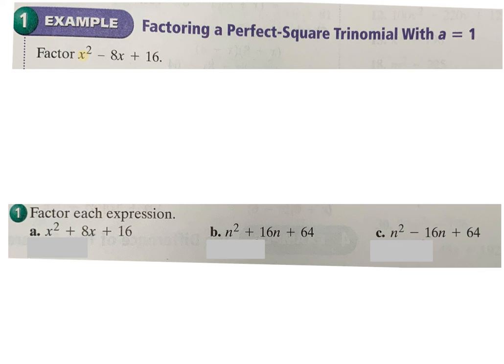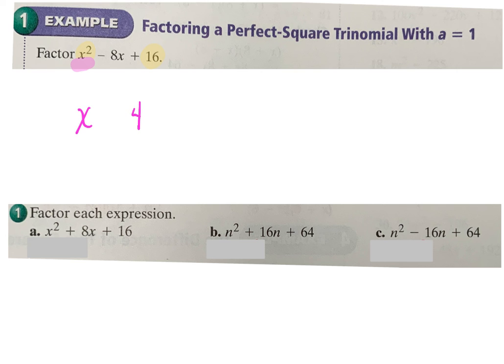And so x squared, you're going to say, does that have a perfect square root? Yes, any variable to an even number has a perfect square root. The square root of x squared is just x. And then you're going to look at that last term, 16. Does 16 have a perfect square root? What is the square root of 16? 4, all right?